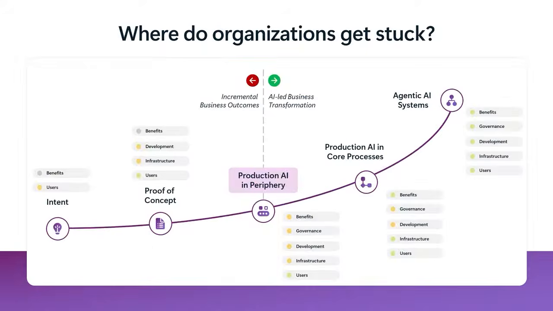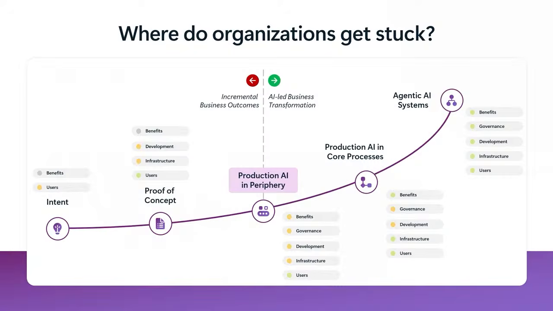The thing that we are seeing here is that companies are struggling at a particular point in their journey to go beyond that point and take their AI use cases into production. And this graph here represents that particular point. So we start off with an intent of an AI use case. We do a POC. The POC is successful, and we see the benefits of AI.